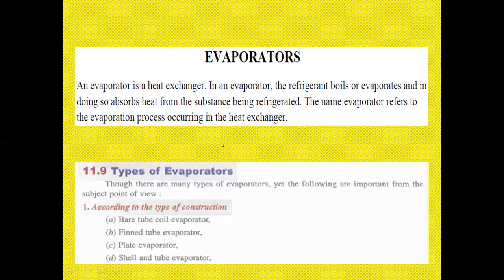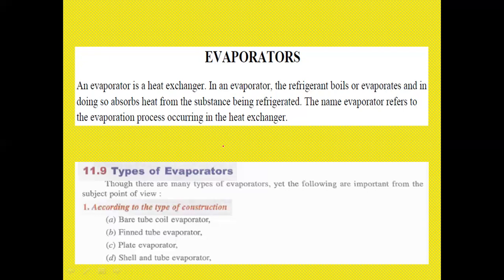So coming to the classification of evaporators, the first classification is according to the physical type of construction. We have 6 types of construction. One is the bare tube coil evaporator. Second is the finned tube evaporator.